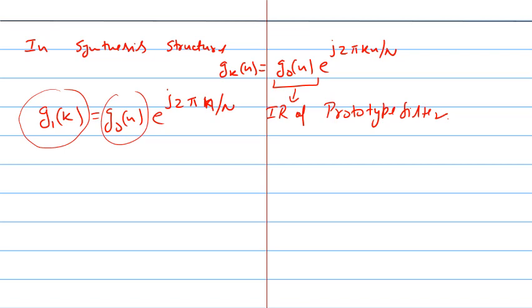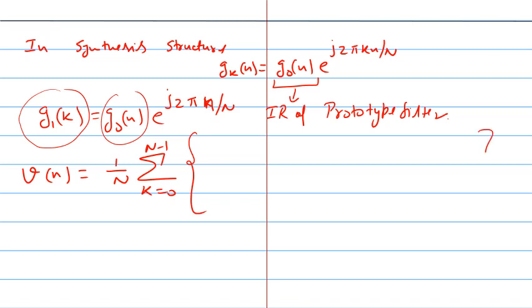So finally the output of the synthesis filter, or the alternate realization of the synthesis filter, vn will be equal to, again this is a scaling factor 1 by N, and summation k from 0 to capital N minus 1. We have this many channels in that filter bank, therefore N summations.